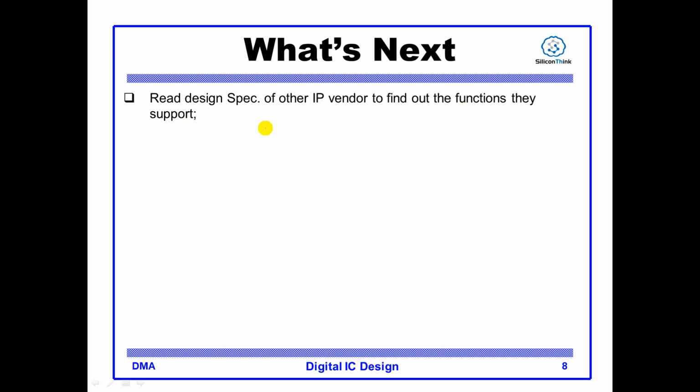If you think some features are wonderful and useful, yes, you can also implement these features in your DMA block. That is, we study from others. Then we will analyze the requirements of our application, define the features of our DMA block, and write it in a document.